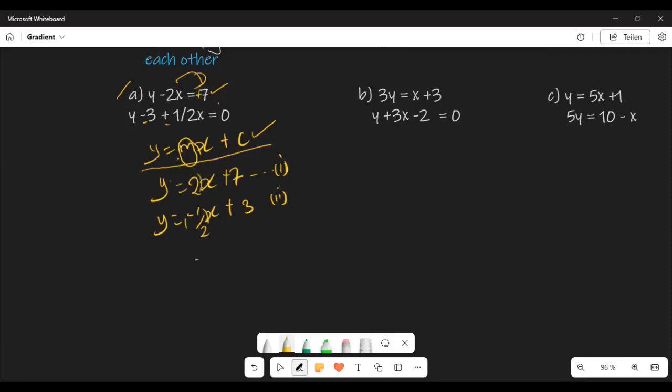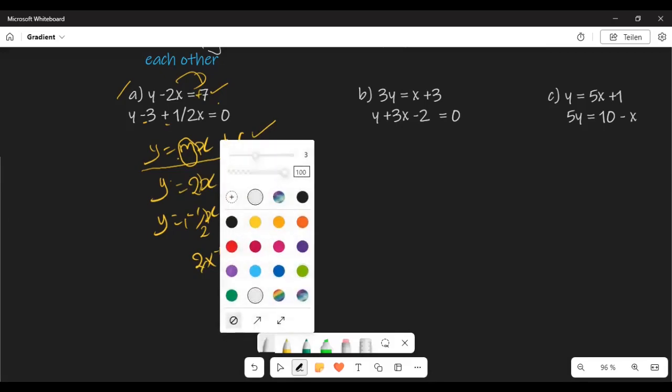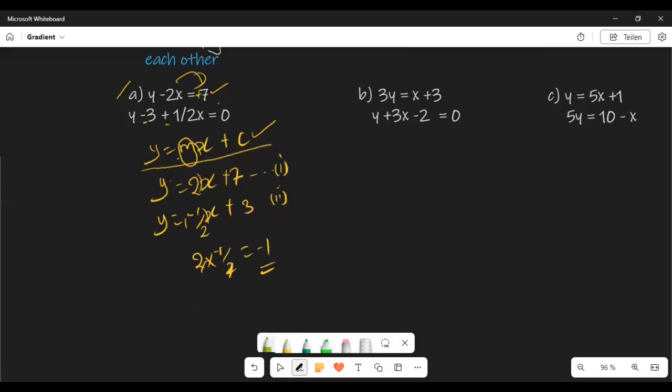So we're going to say 2 multiplied by -1 over 2. Of course, that's going to give us -1. So our note is that line A and line B are perpendicular to each other.